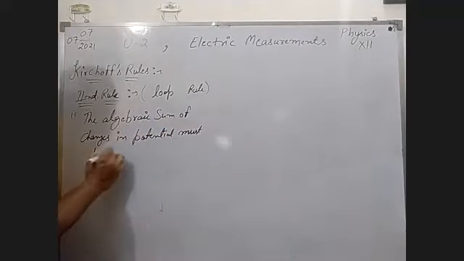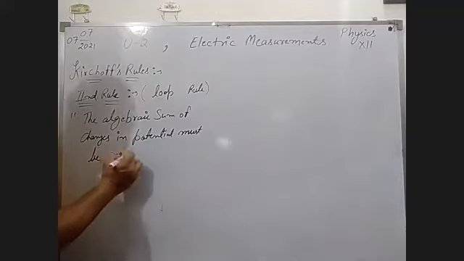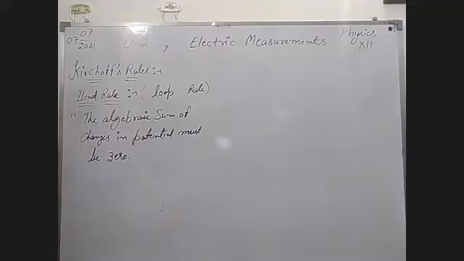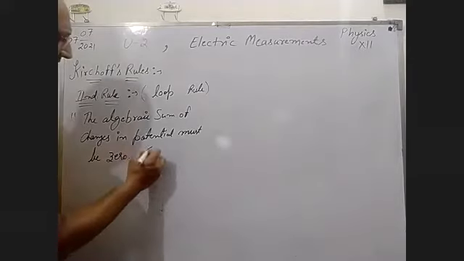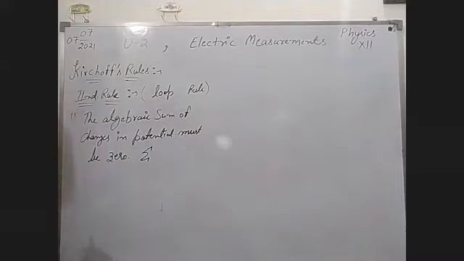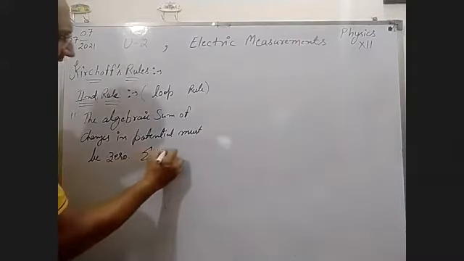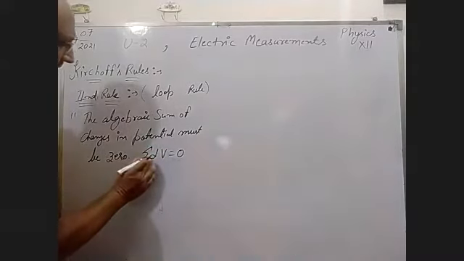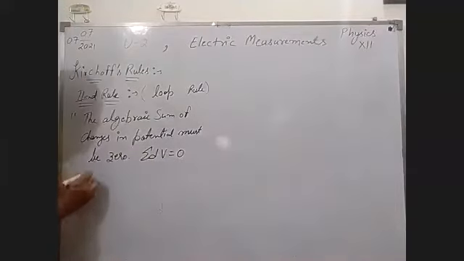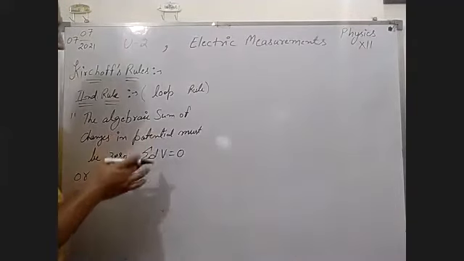In a closed electrical loop or mesh, this is a very small definition. You can say statement: dV is equal to 0.